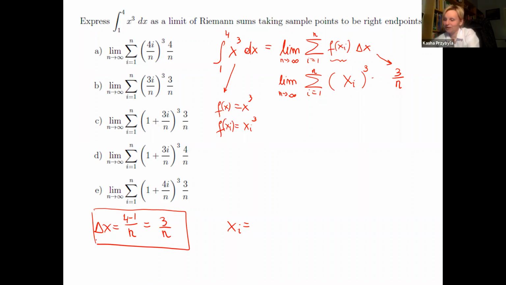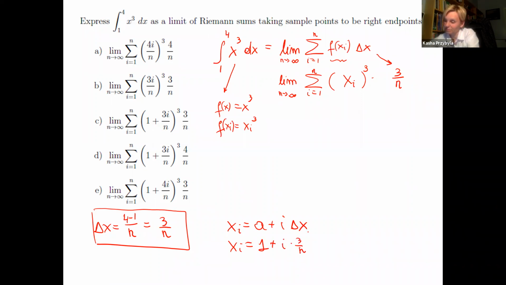The x sub i is a plus i times delta x. And what is a, the initial point of our interval? It's 1 plus i times 3 over n.